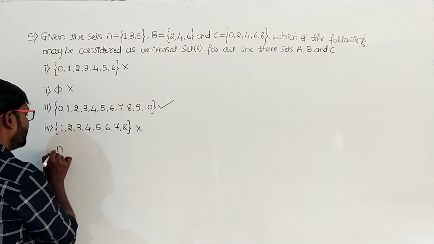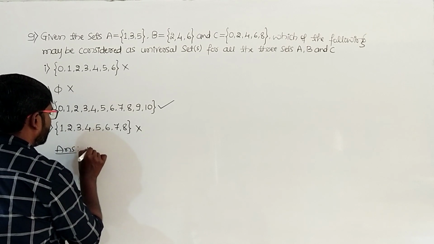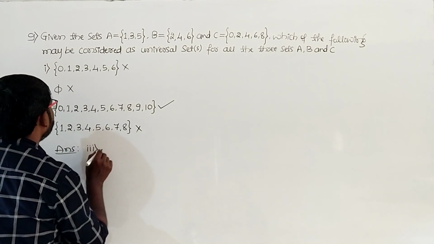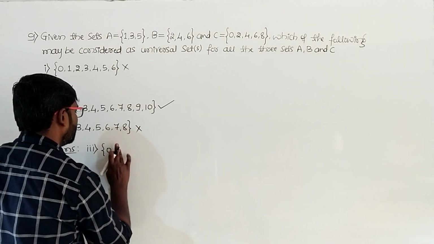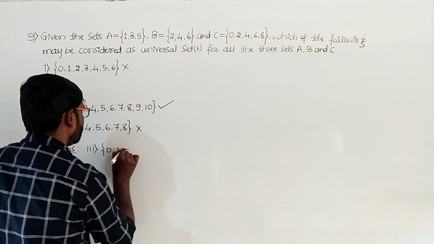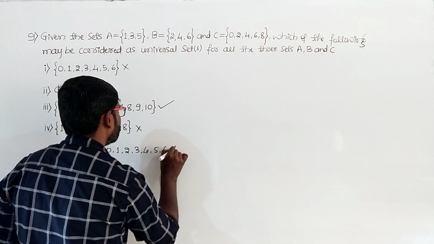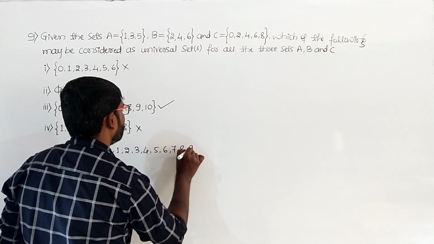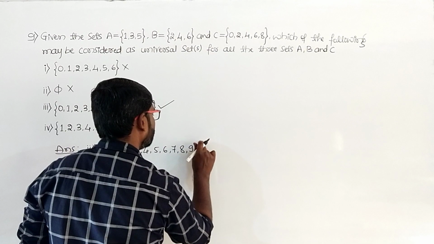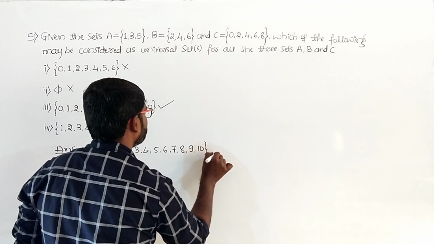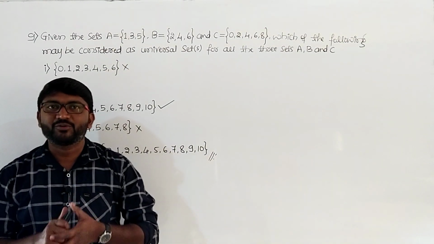Therefore, the answer is the third option, Roman number 3: 0, 1, 2, 3, 4, 5, 6, 7, 8, 9, 10. So this is the required answer. With this we have completed exercise 1.3.